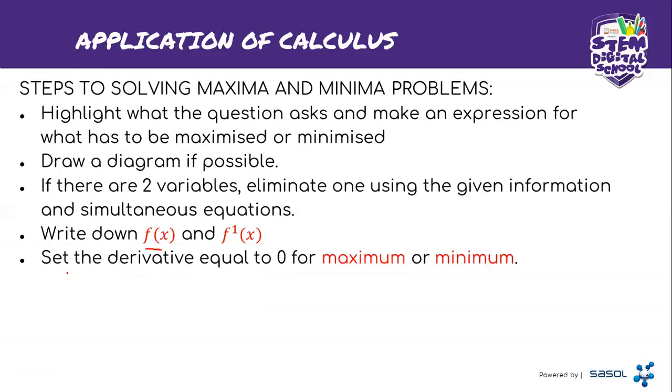The last point says set the derivative equation to 0 for maxima or minima. After you have derived, you're going to equate that derivative to 0 so that you can solve for the maxima or the minima value, right? So that's how you should go about the application of calculus.